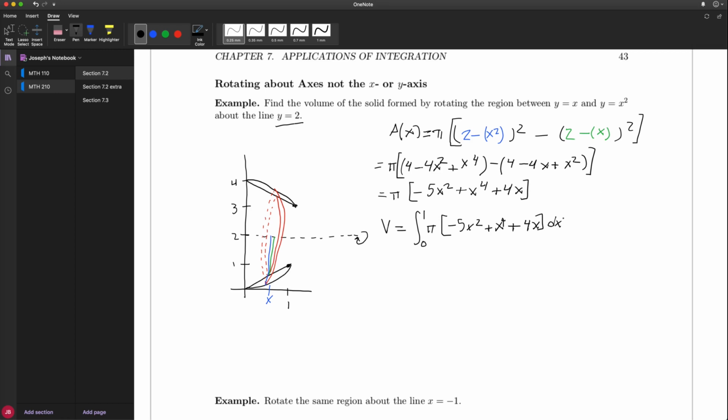If we do the integration here, we get pi, and we increase the power by 1 and divide by the new power, so that's minus 5/3 x cubed plus x to the 5th over 5 plus 2x squared.